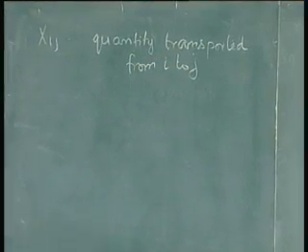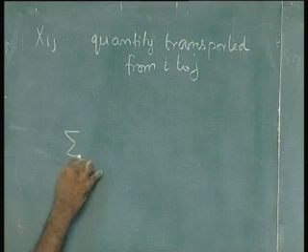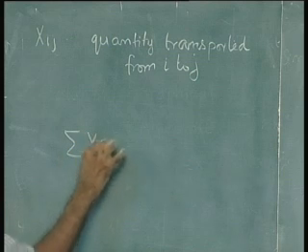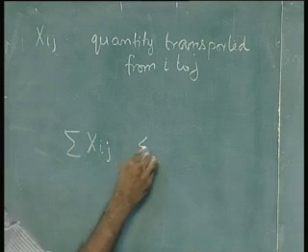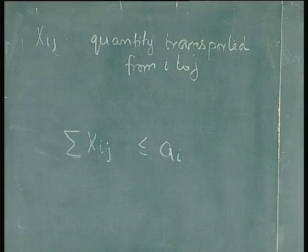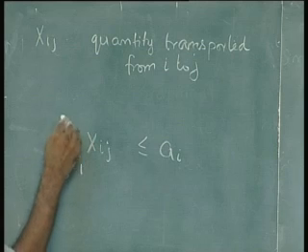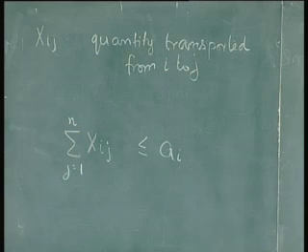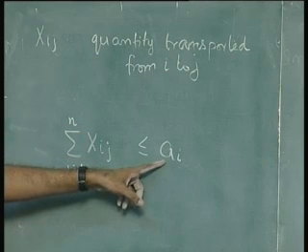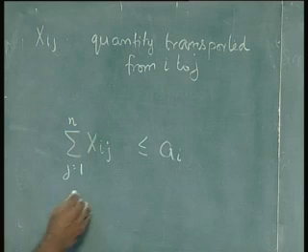Now as far as every supply point is concerned, we write this. Sigma Xij, j equal to 1 to n, is less than or equal to Ai. If I take a supply point i, then whatever goes from the supply point should be less than or equal to Ai, the supply in point i. This is the quantity that goes out to each of the destinations.